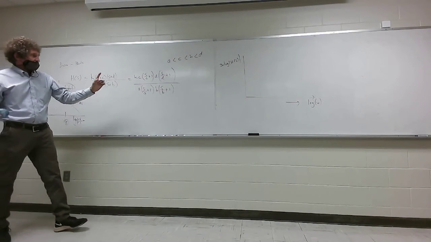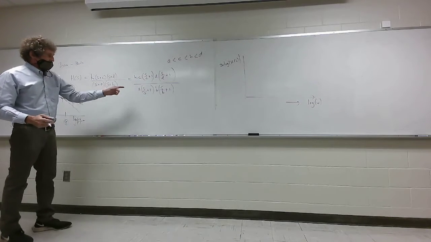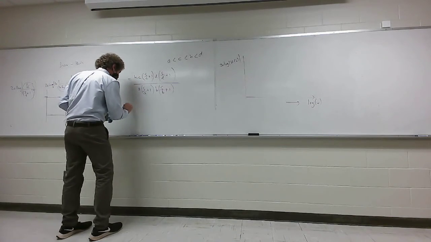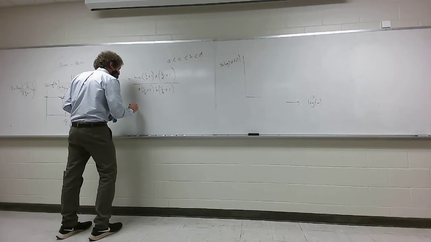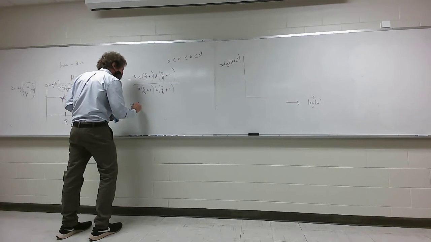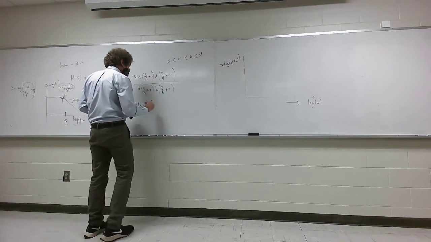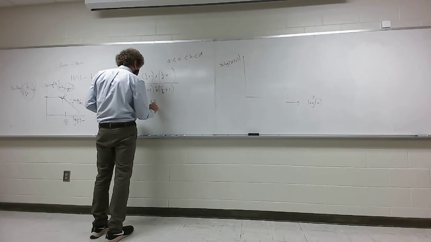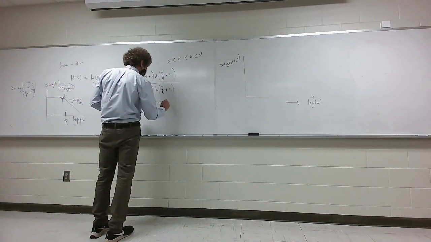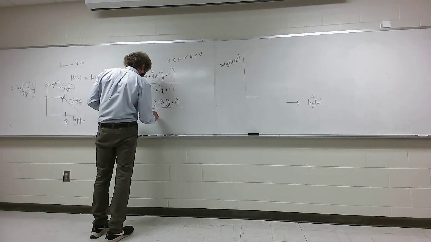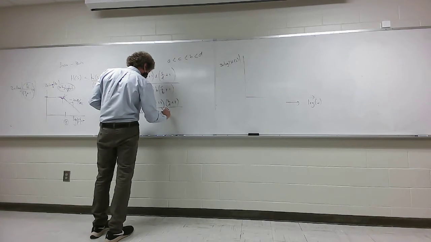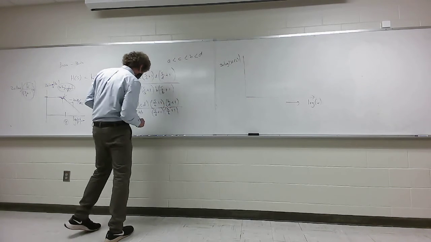Do y'all follow me? Now the C and D were upstairs, the A and B were downstairs, so this looks like K times quantity C times D over A, B, and then it's times S over C plus 1 times S over D plus 1 over S over A plus 1 S over B plus 1.